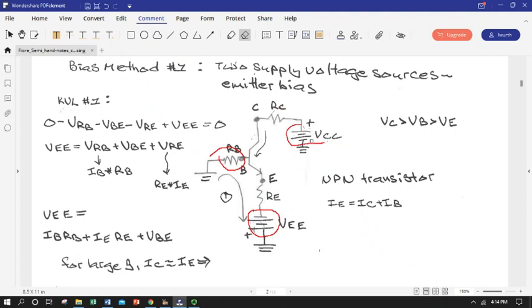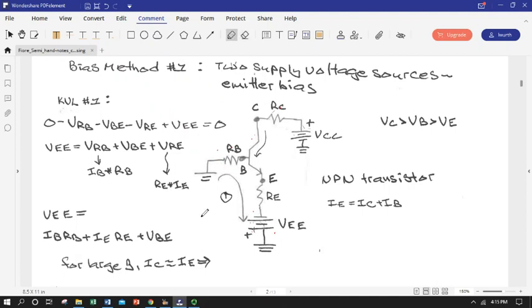So we're going to work out a lot of relationships between VCC, collector supply voltage, VEE, emitter supply voltage, and our collector and emitter and base resistors. So we understand something about our output signal versus all of those.